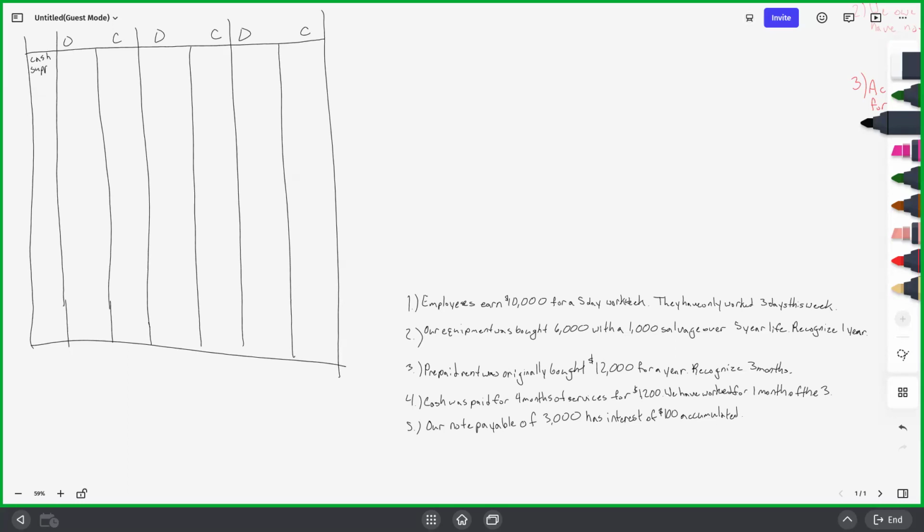Oh, it's unearned. Yes, unearned. Yeah, 300. $100.